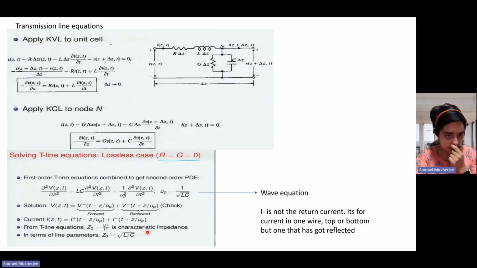You'll see how important this is in taking into account the effect of transmission lines. So this is a characteristic of your transmission line. And as you can see, it is given as root over L by C for the lossless case.